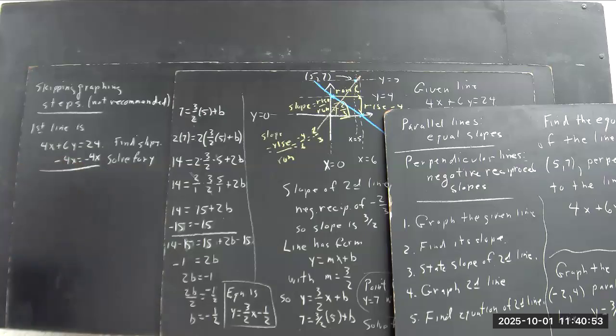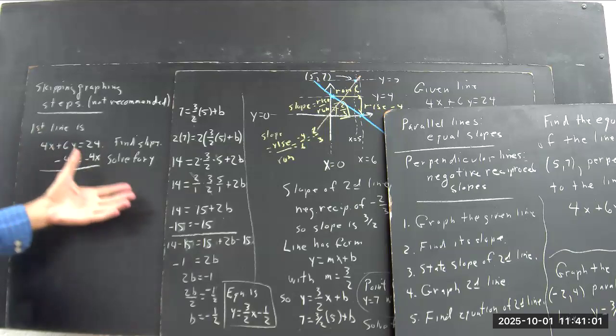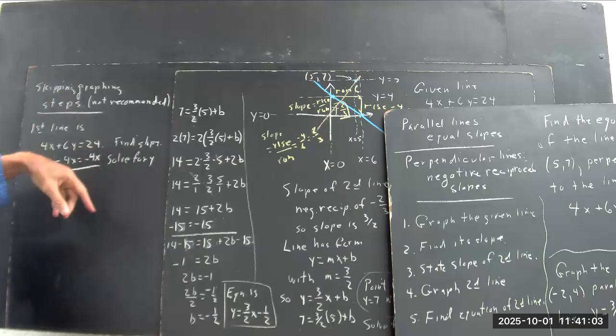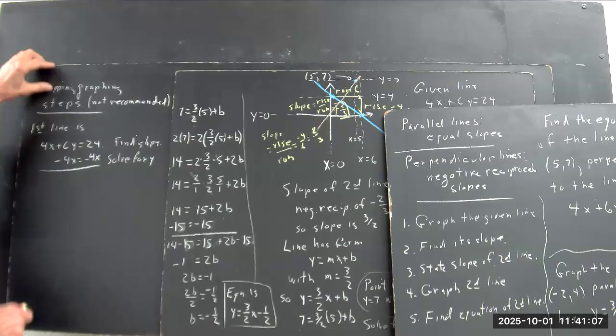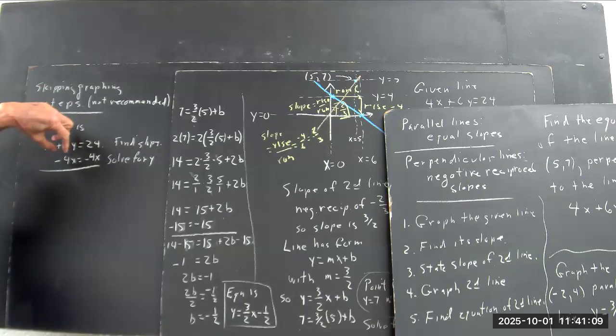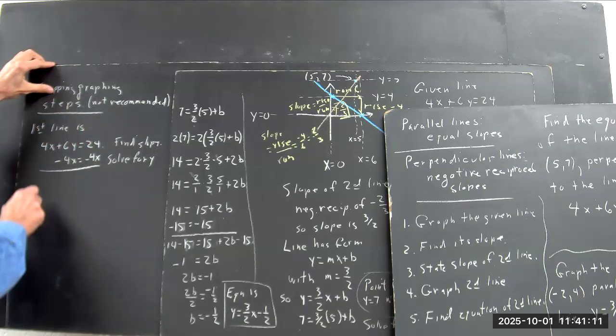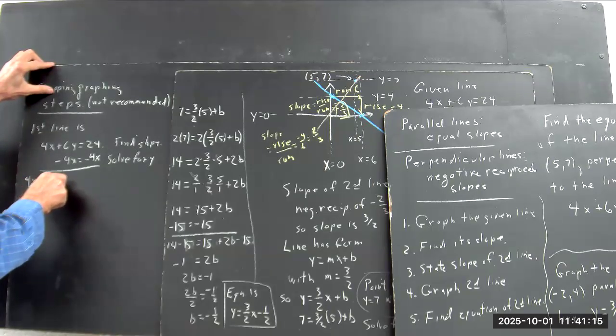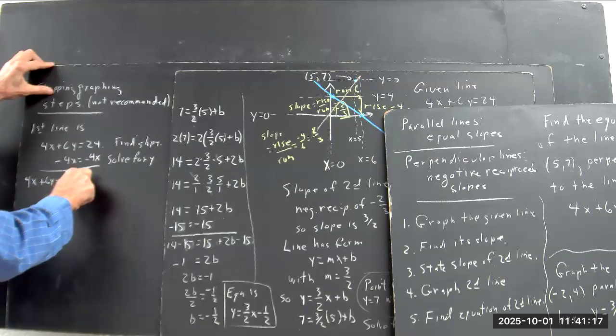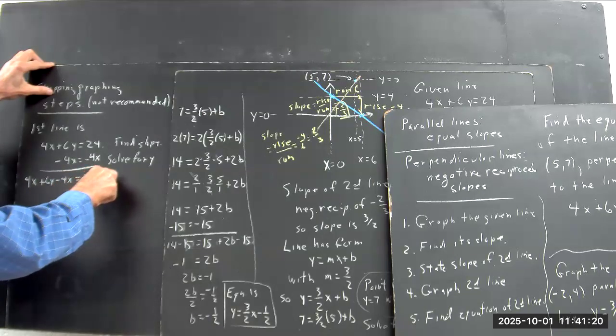Now, when you're taught to do this, you're told to line up the x's with the x's and the numbers with the numbers. But the way I'm going to do this is not by visually adding these. It's just by saying I'm adding -4x on both sides. I'm adding the equation -4x equals -4x, which gives me 4x plus 6y minus 4x equals 24 minus 4x.